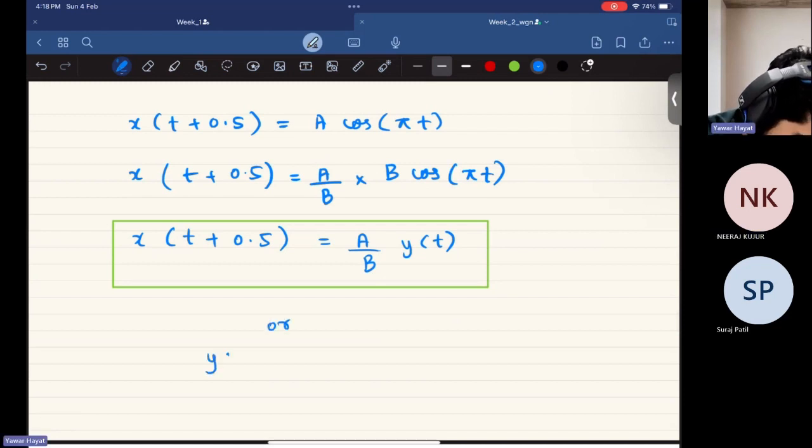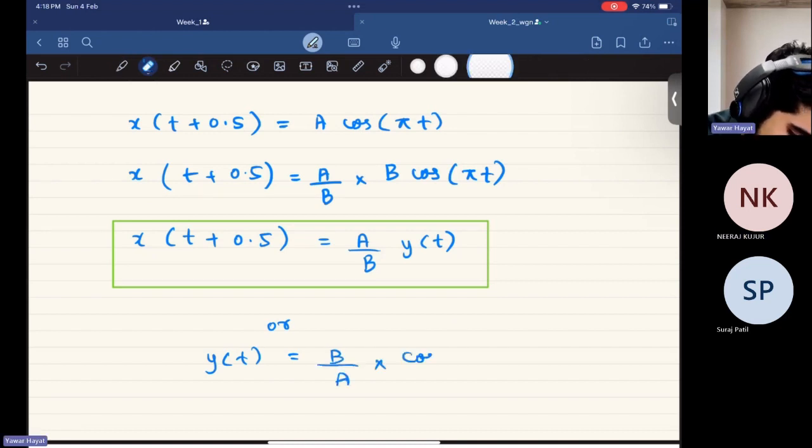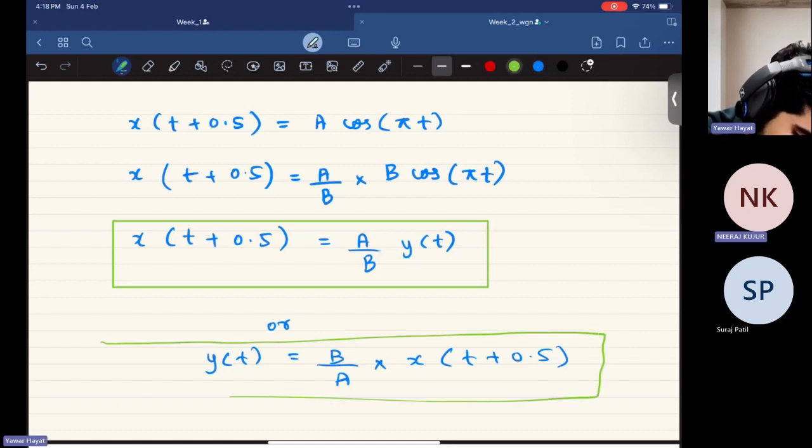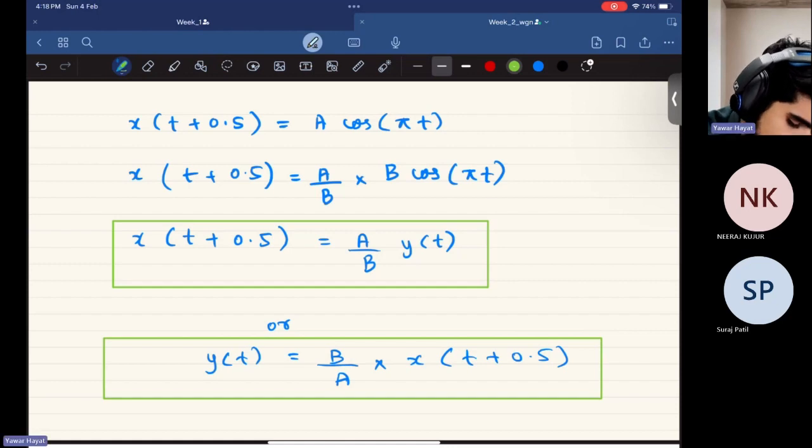We can write y of t as B by A times this x of t plus 0.5. One and the same thing, and that would give us the correct option.